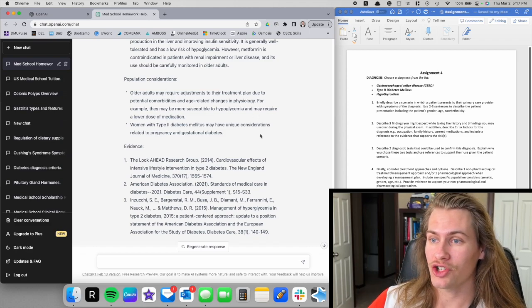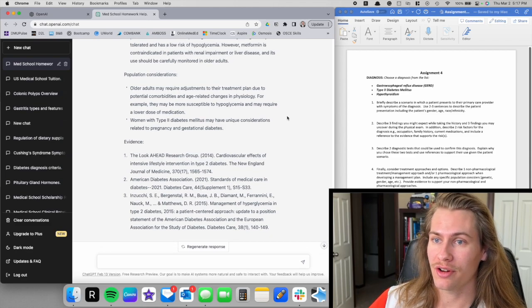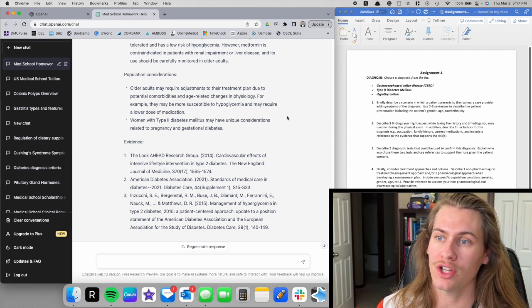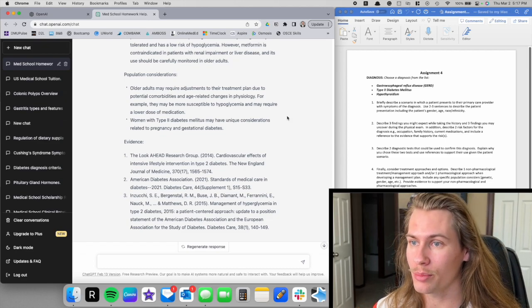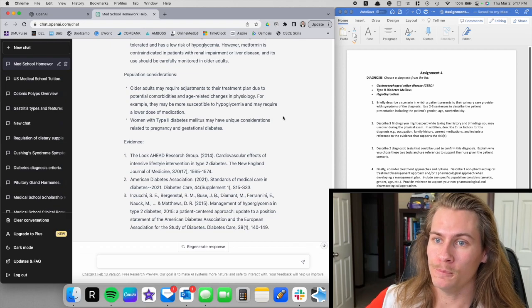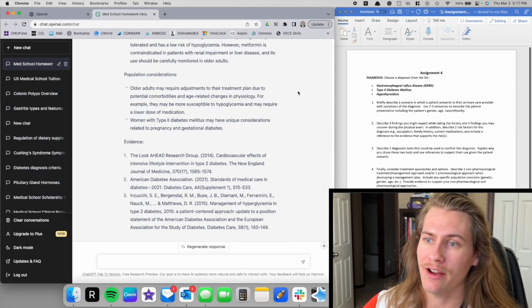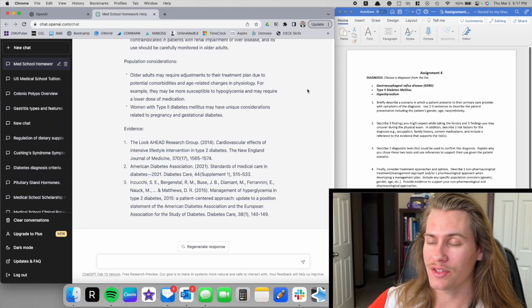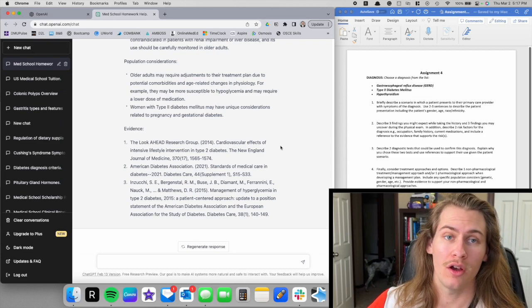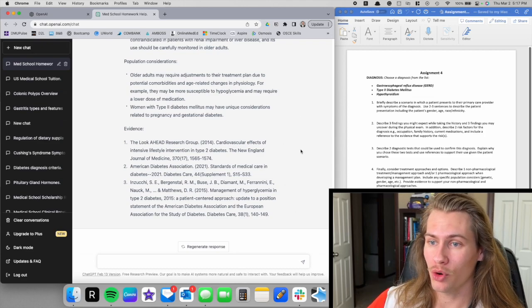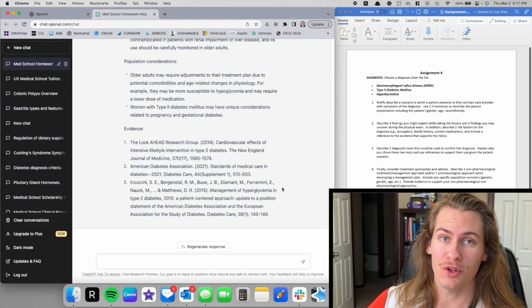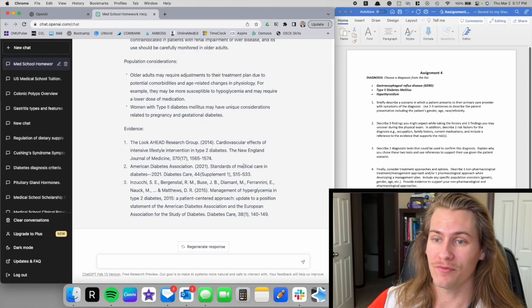And then here's the section that I left out, which is population considerations. Older adults may require adjustments to their treatment plan based on comorbidities. And women may have unique considerations related to pregnancy and gestational diabetes. Also accurate. And then we have more evidence, 2014, 2021, 2015. These are all up-to-date resources, and it did a great job.